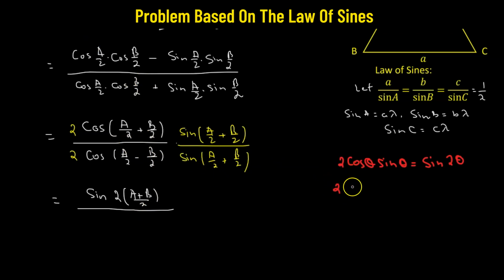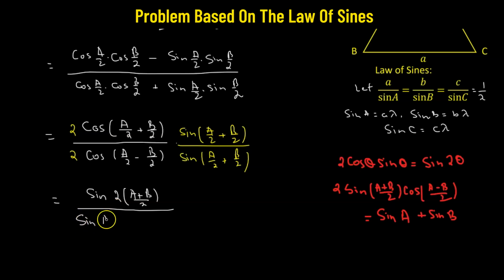Here we are going to use the fact that 2 times sine of A plus B over 2 multiplied by cosine of A minus B over 2 equals sine A plus sine B. So that means our denominator will become sine A plus sine B.